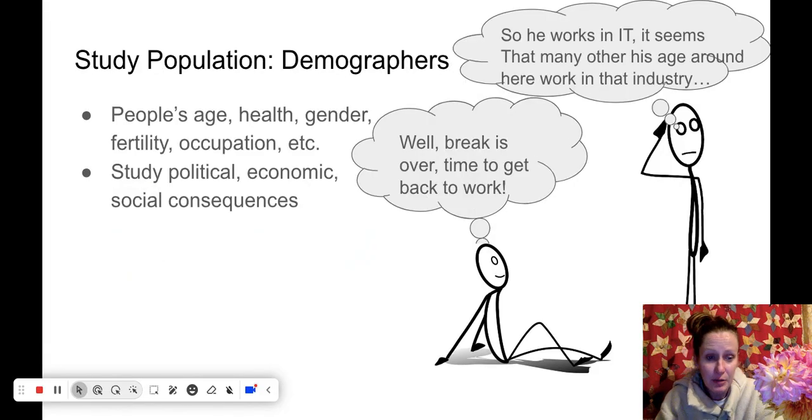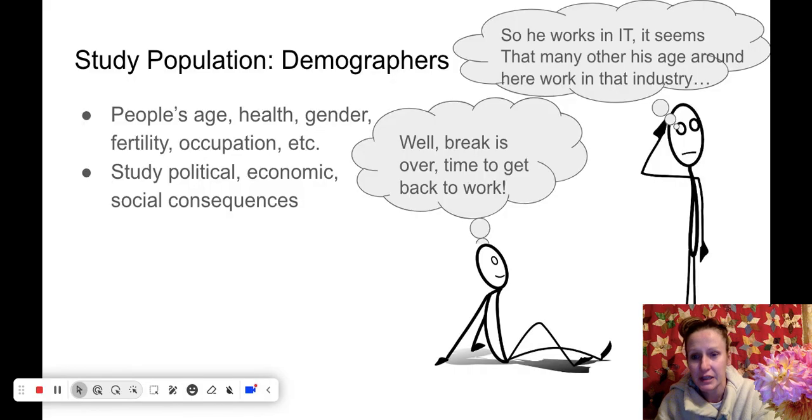A different type of geographer, if you want to be specific, is a demographer. Think of demographics. They study specifics based on that population, so maybe the population's age, race, health, gender, fertility, occupation, all sorts of things like that.